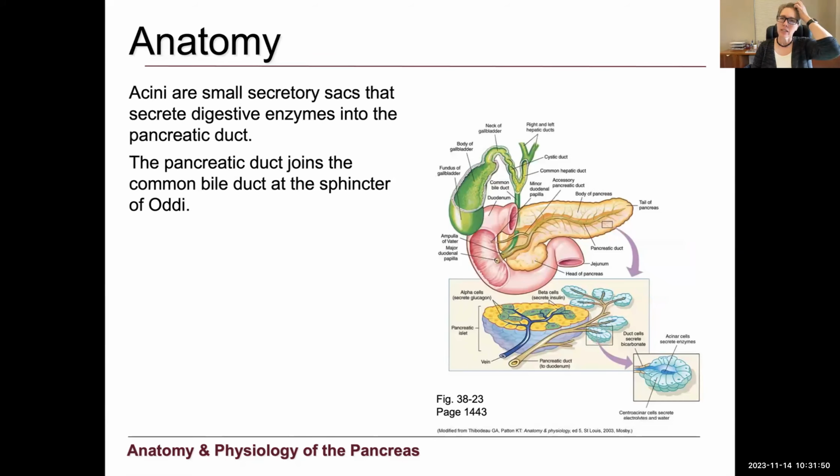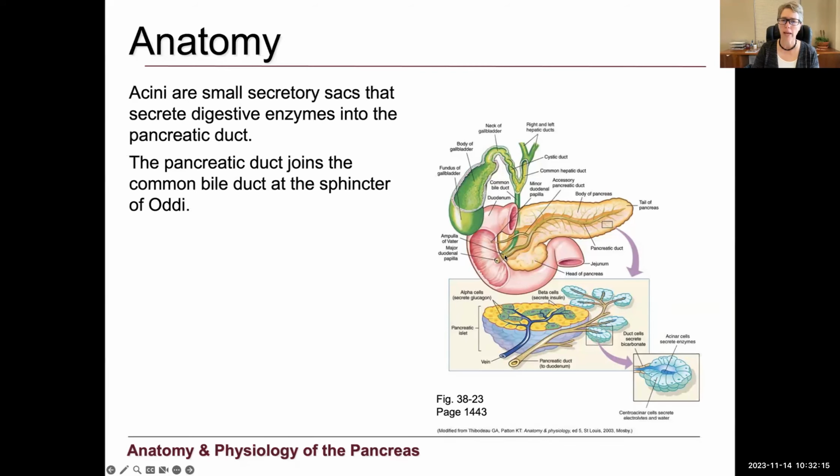So if we dig in and look at the anatomy of the pancreas, it's not terribly complex. Let's just focus on the yellow pancreas here. If you were to look at a pancreas, and we'll look at some autopsy pictures in class, it just looks like, again, another blob of tissue or cells. And that's pretty much what it is. But they have a little bit more organization than the liver.